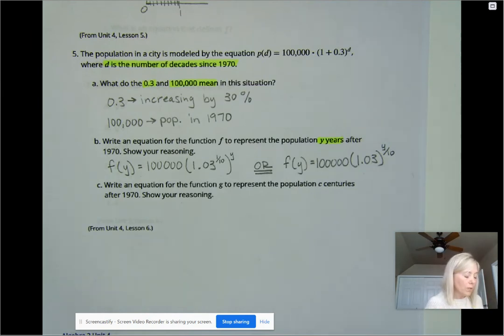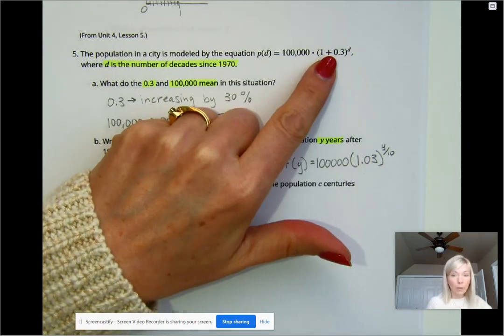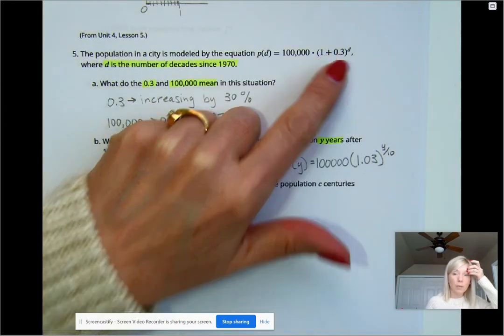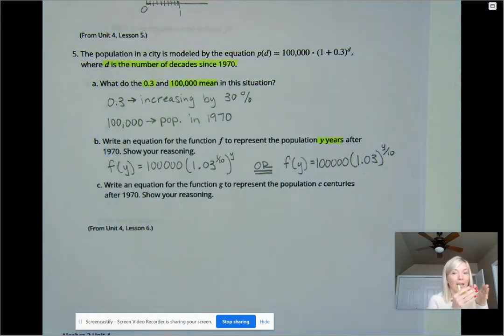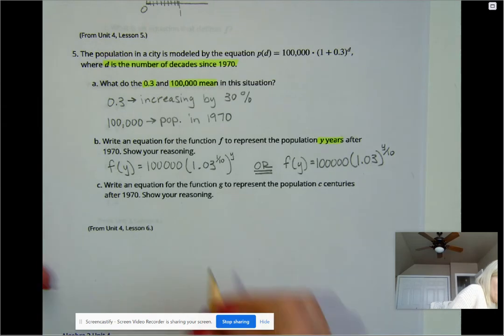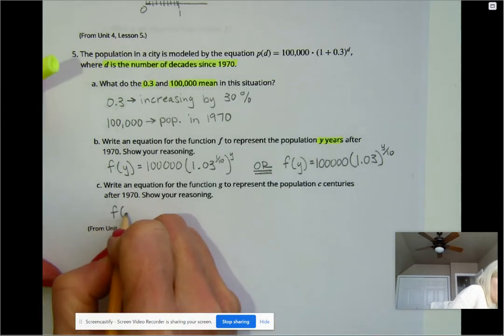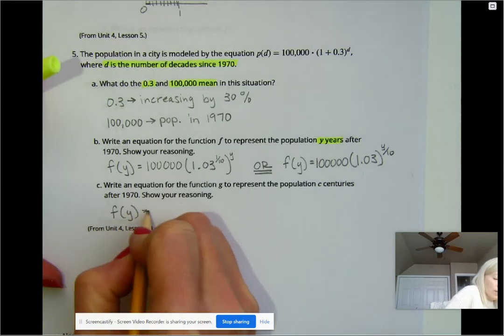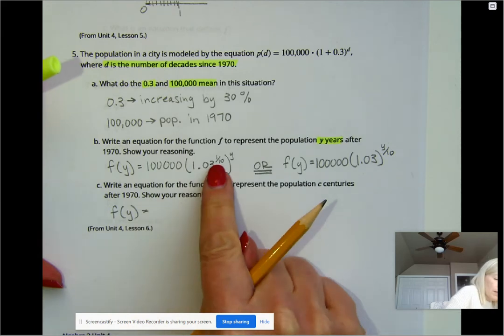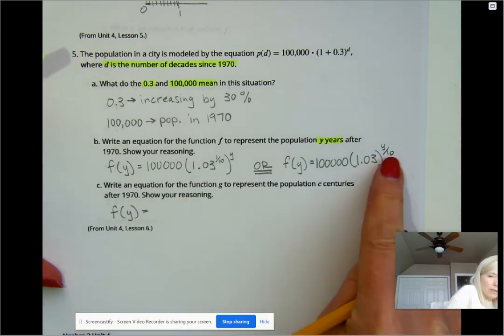Next is going to be for centuries. Now this is going to need to be a little bit bigger, because a century is 100 years. There are 10 decades in a century. And so for this one, we can adjust the exponent inside or outside the parentheses again.